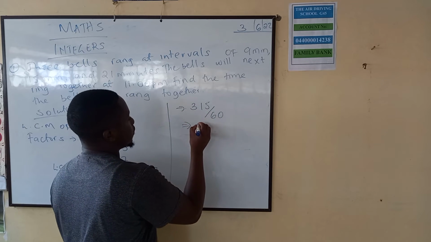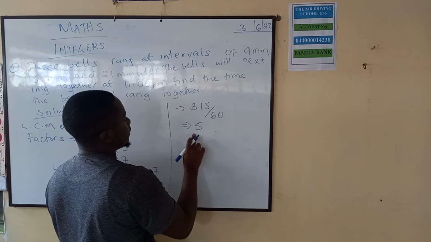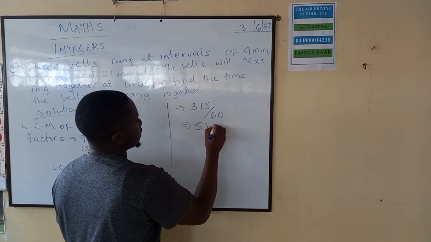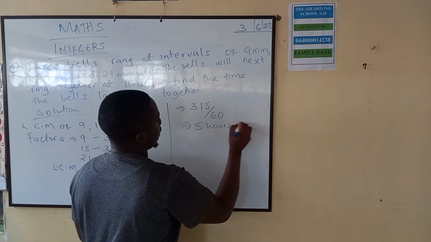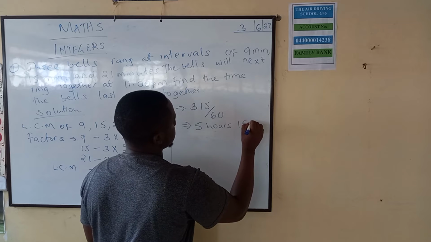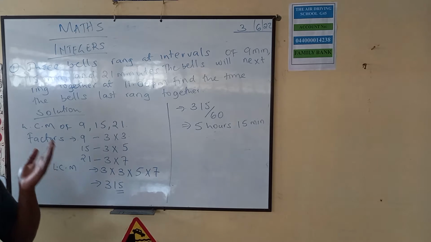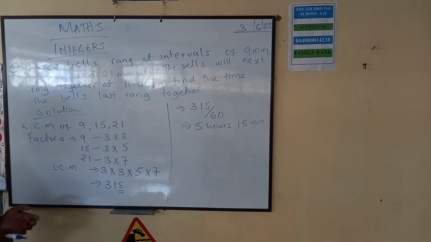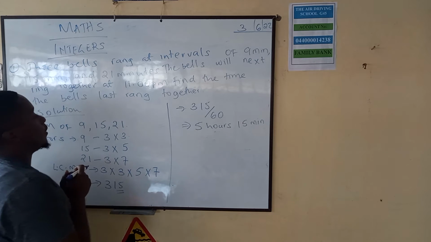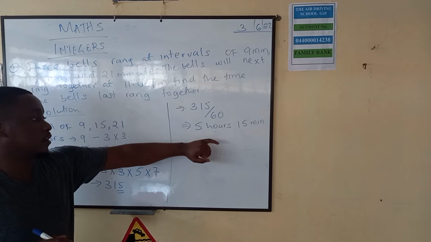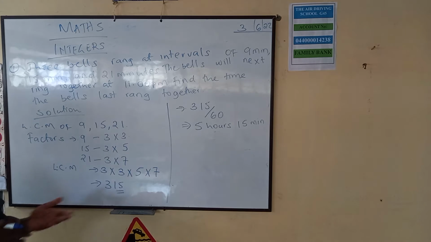Calculating that, we get 5 hours and 15 minutes. I believe you know how we have converted. So we have 5 hours, 15 minutes. This is the time that the bells took.